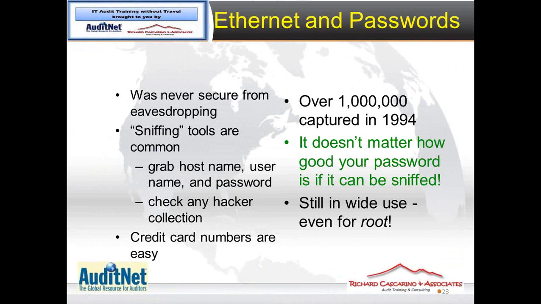Over 1 million eavesdrop attempts were captured in 1994. Sniffing tools are commonly available. You can download them on the internet and run them. And as long as you are plugged into the same Ethernet connection as someone else on the network, you can monitor anything that's going on.